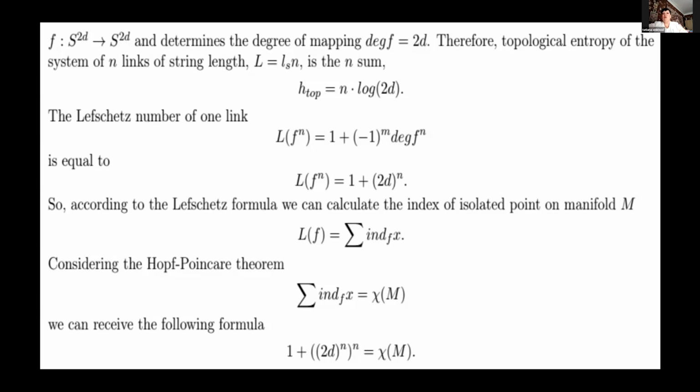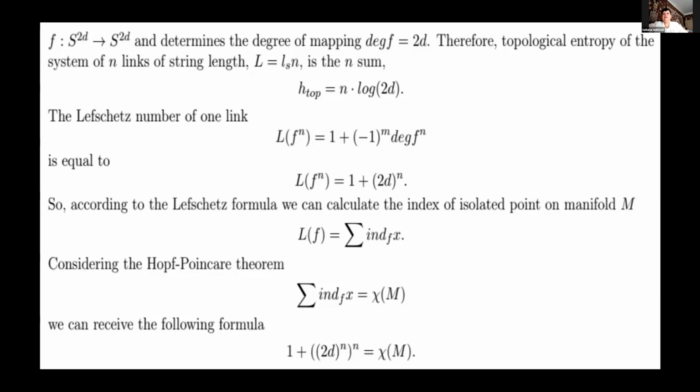The Lefschetz number of the link is equal to the degree of F by the following formula presented on this slide. And therefore, according to our calculation, it is equal to (1 plus 2D) to the n power.